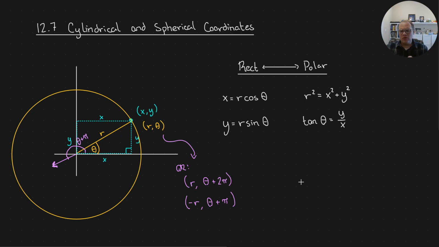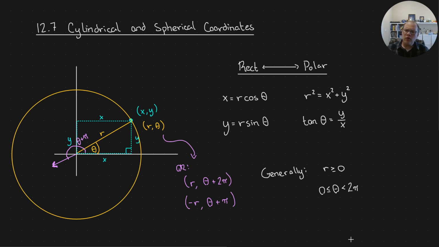So there's a loose rule here that when we have a choice, generally, we choose r to not be negative. That way you don't have to worry about going backwards. And generally, we restrict theta to one circular rotation, so between 0 and 2 pi.